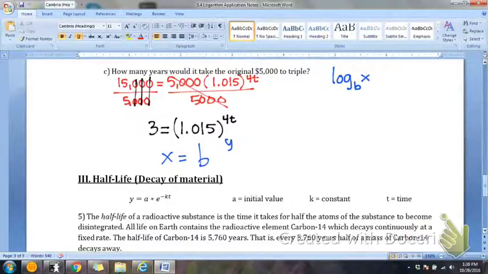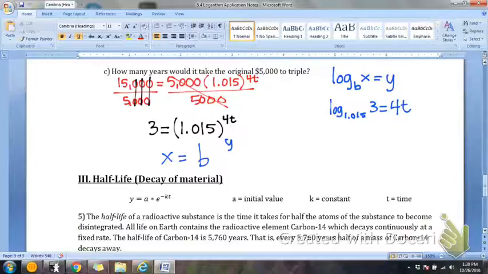Okay, so go ahead and do that. So you should have log base 1.015 of 3 equals 4t.